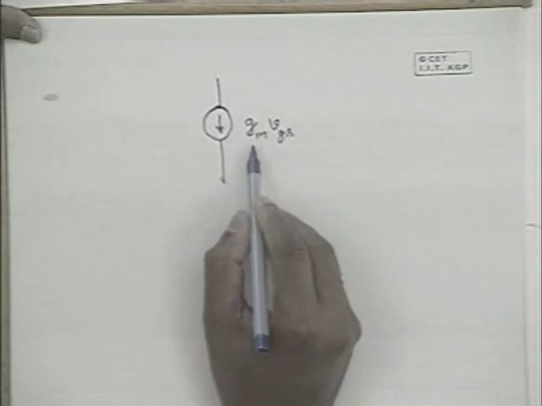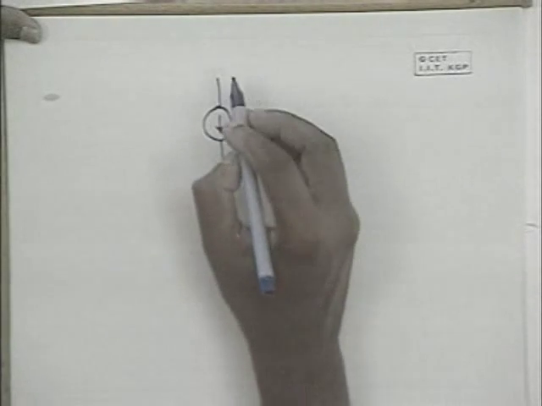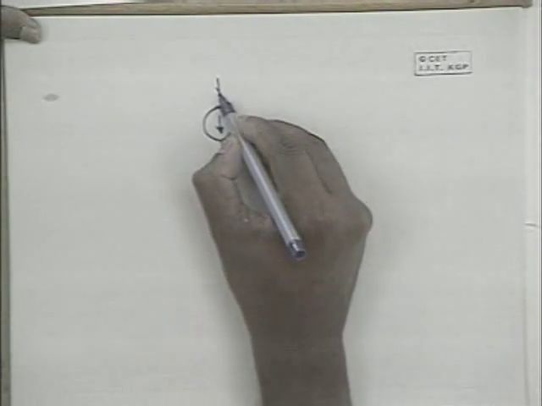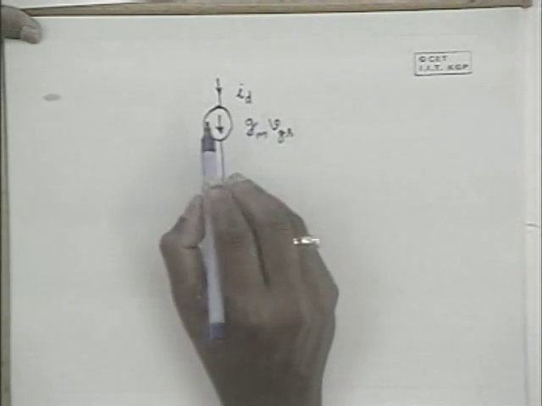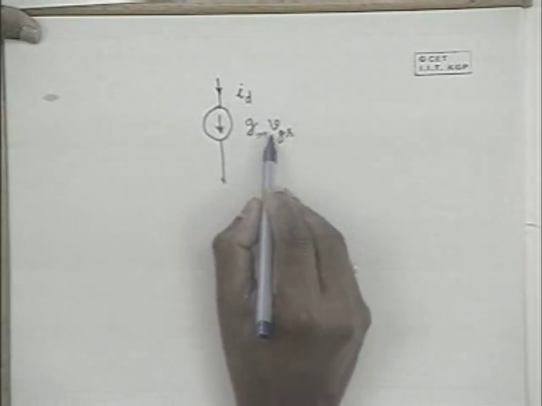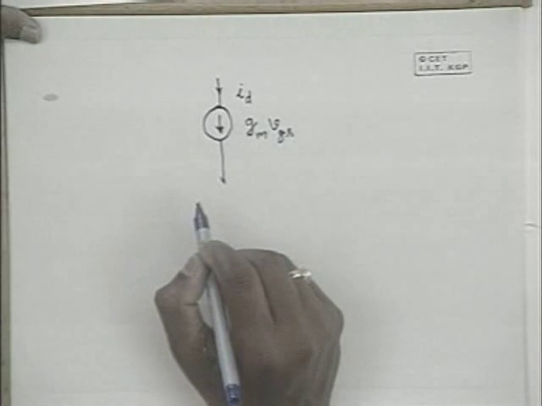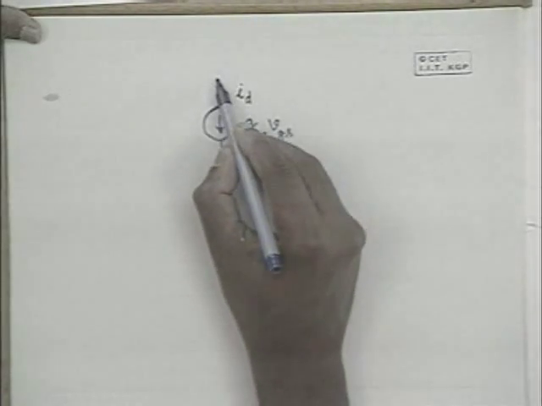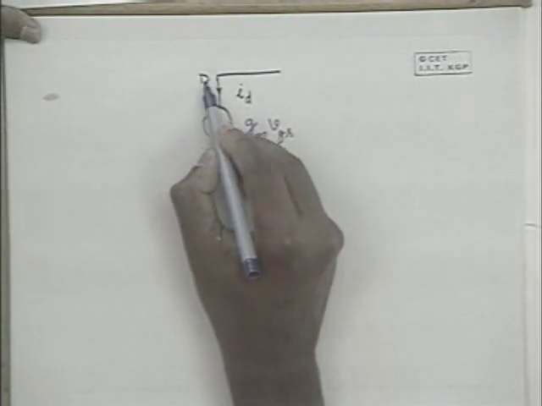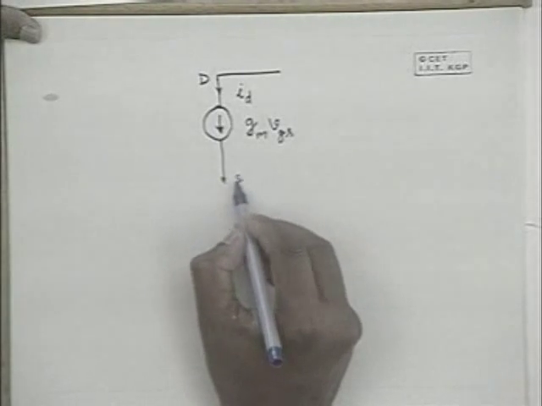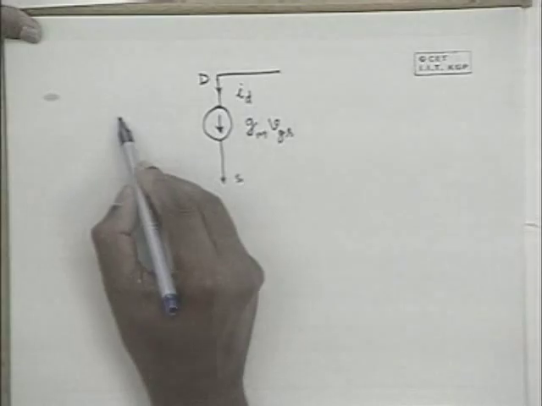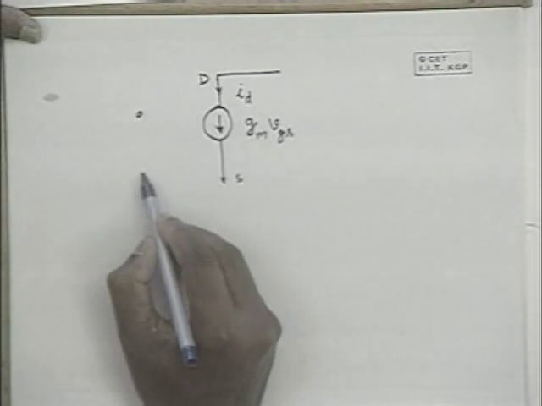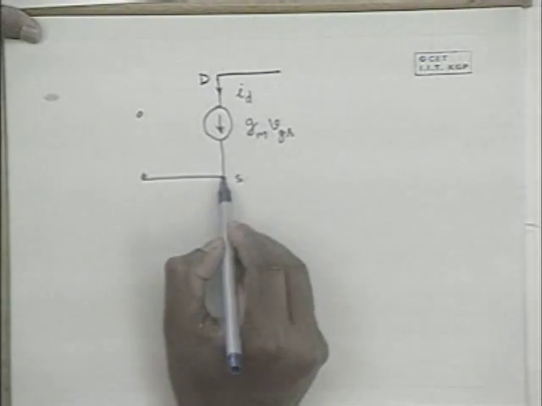If we call it GM, then this output current ID, I am talking about only the alternating current, is equal to GM VGS between the drain and the source, and this VGS is the gate to source potential.